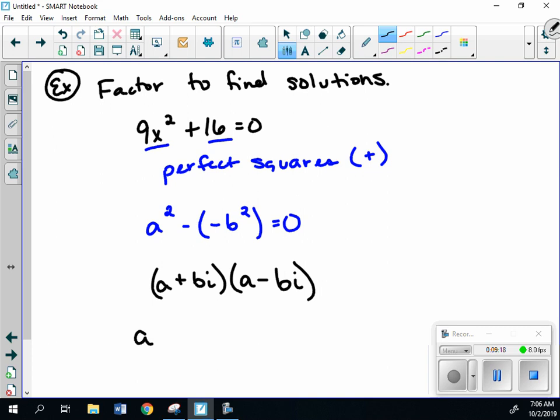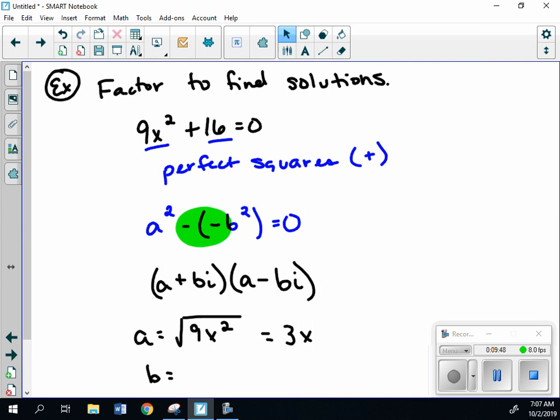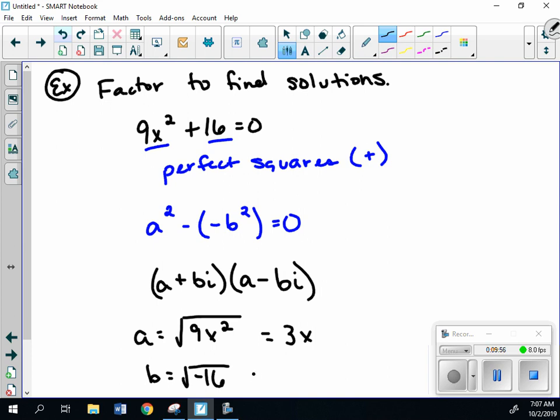So in order to find my a, I'm going to take the square root of 9x squared. The square root of this is going to give me 3x. Now the b. I know it looks like it's a positive 16, but because of this double negative here, we actually have the square root of negative 16 because of that negative there.